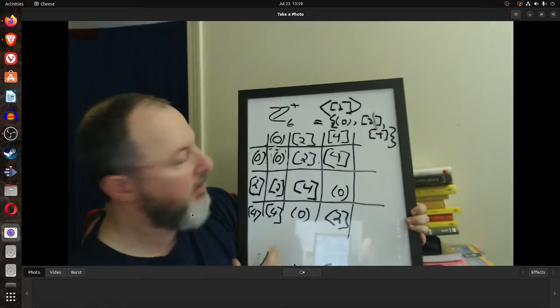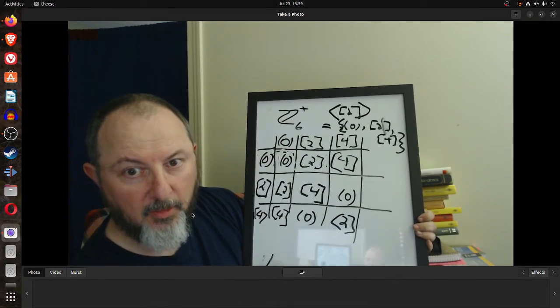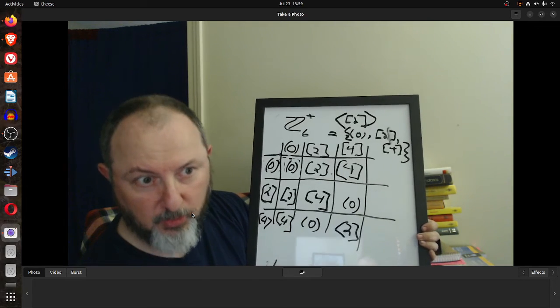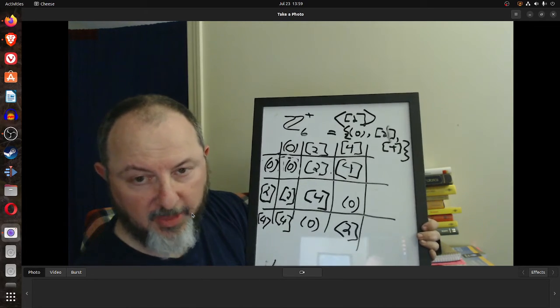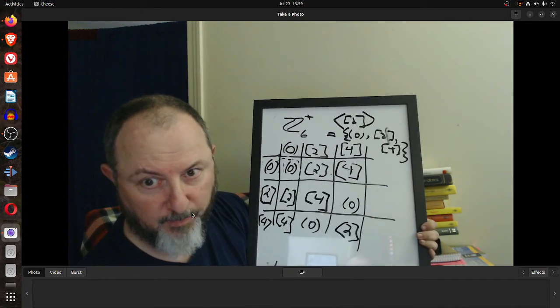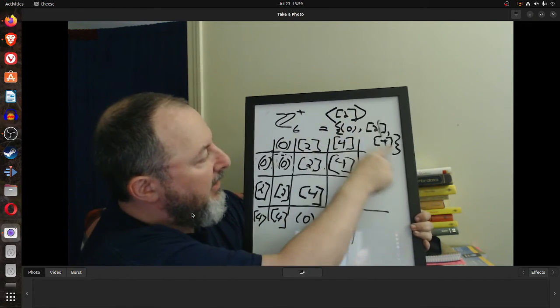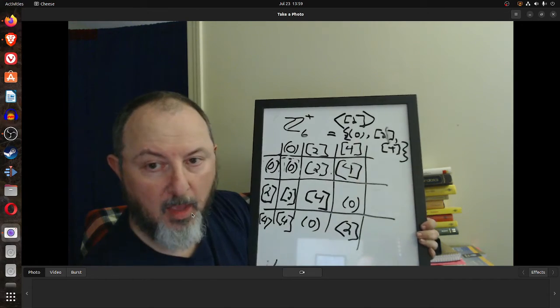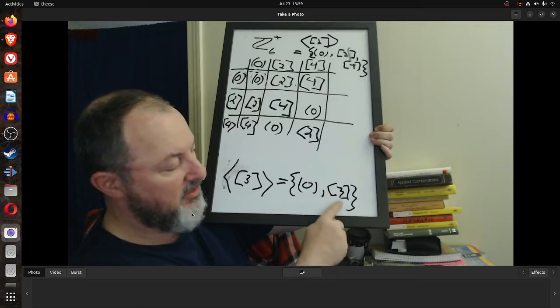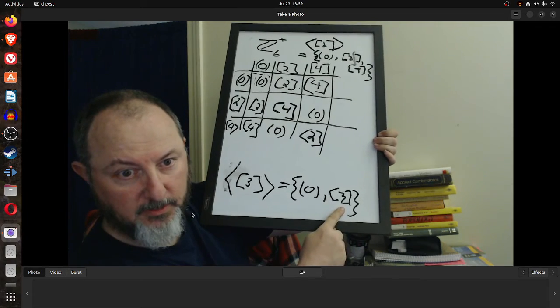If you look at the number 1, it generates the whole group. 1 plus 1 is 2, plus 1, 3. So 1 generates Z sub 6. That's the whole thing. The number 2 generated these 3 elements. The number 3 generated these 2 elements.